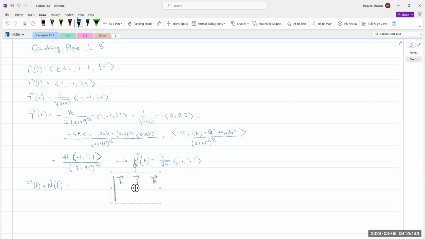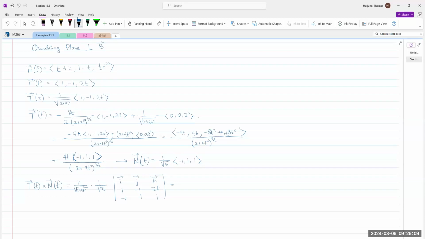So I have 1 over square root of 2 plus 4t squared times (1, negative 1, 2t), and then 1 over radical 3 times (negative 1, 1, 1).